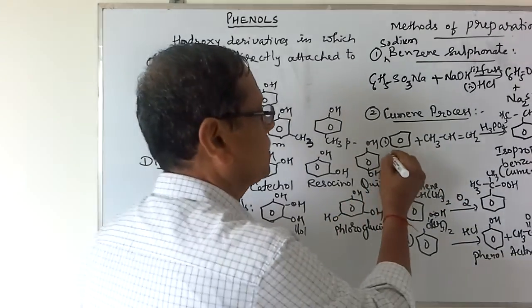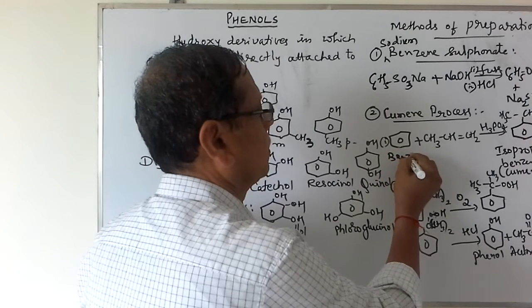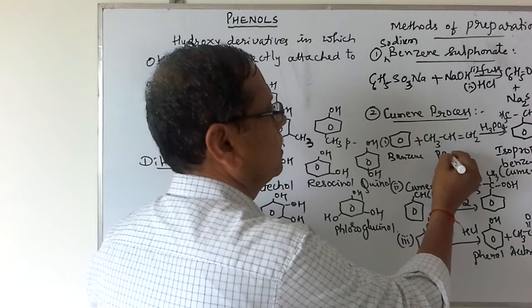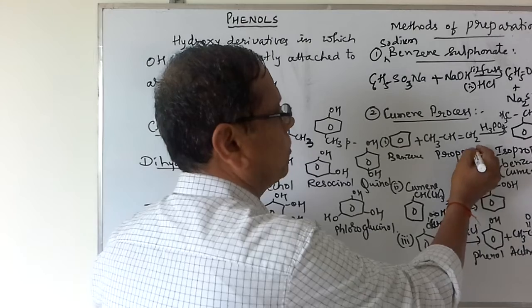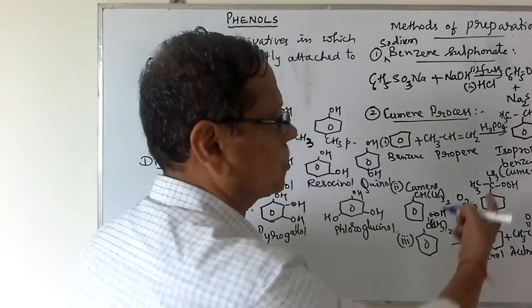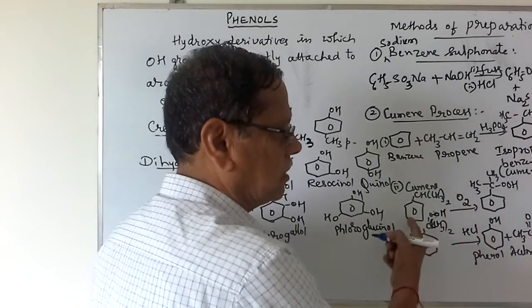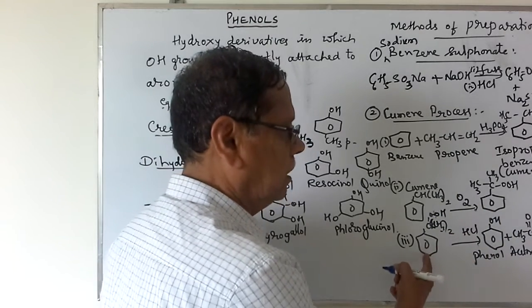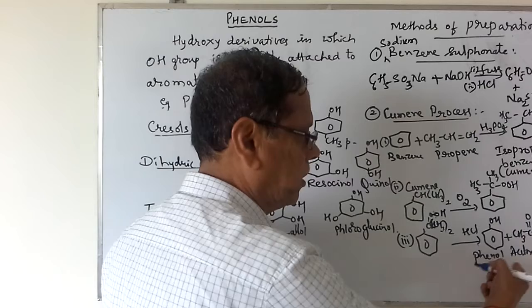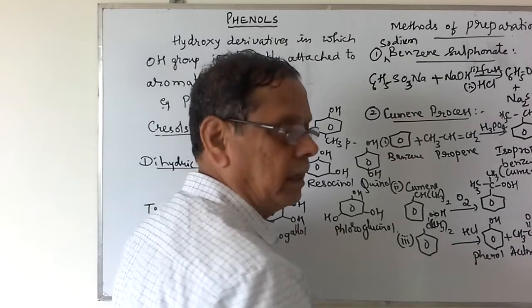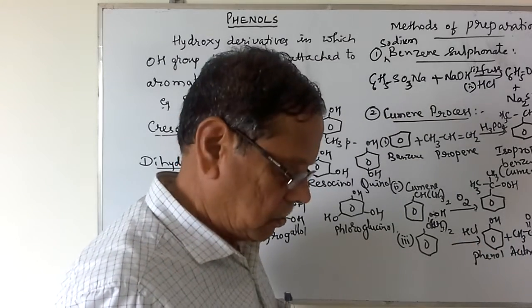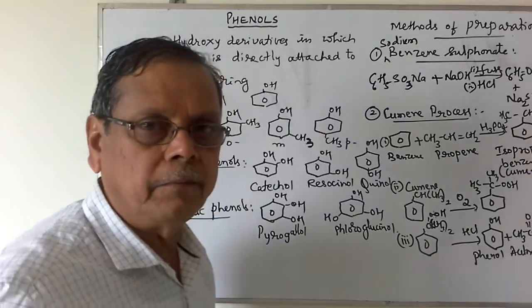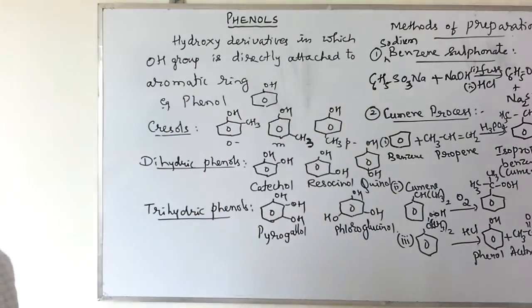You can write the names: benzene plus propene in presence of phosphoric acid gives rise to cumene, which on oxidation in air gives rise to cumene hydroperoxide, which on acidification will give rise to two products. One is phenol, the other one is acetone. So this is an industrial method for the manufacture of phenol.